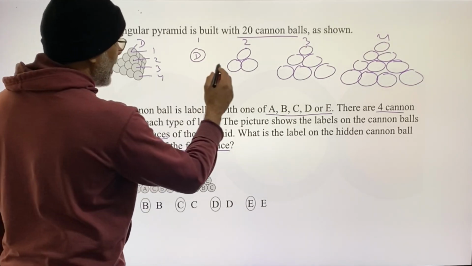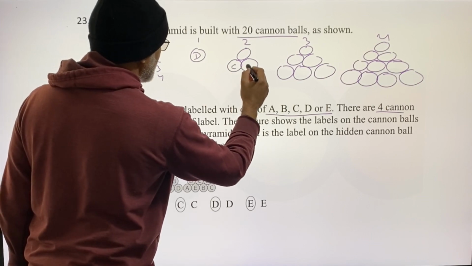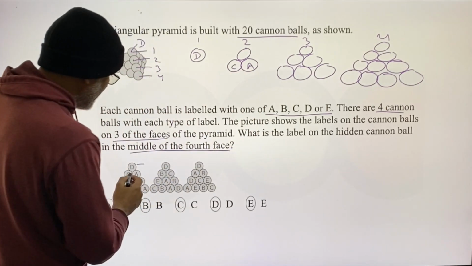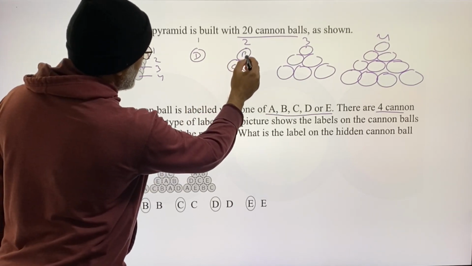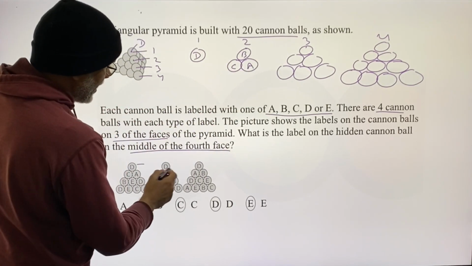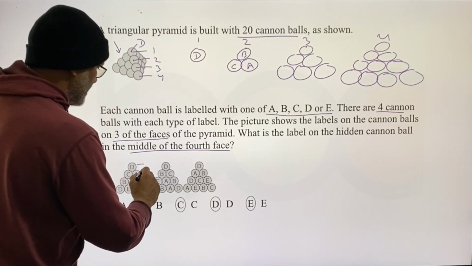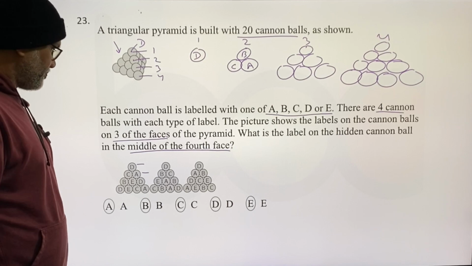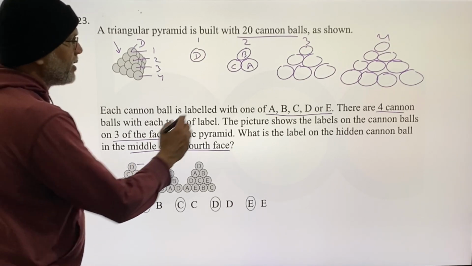CA, so I can start from any corner. Let's say CA, and then I need a BC. So this can be B, and then this is C, and then AB. So it lines up. Then this layer is done. Let's try the third layer, BED.